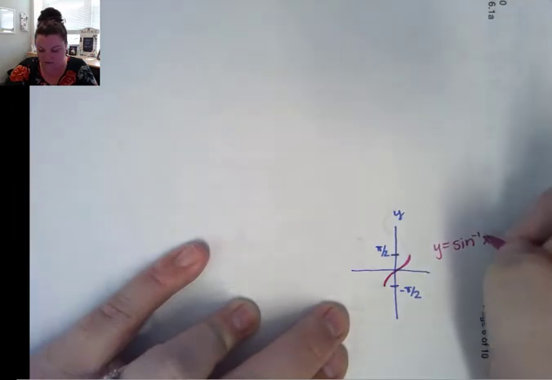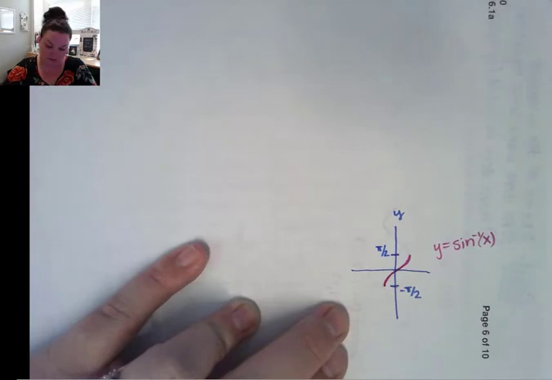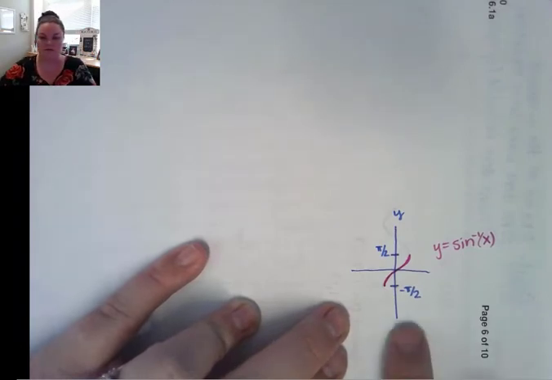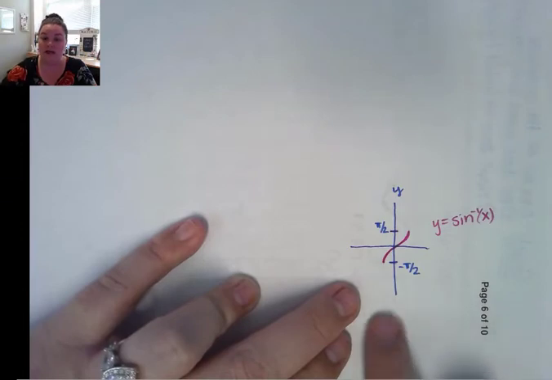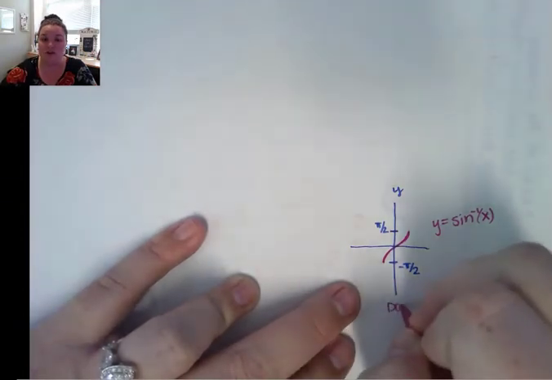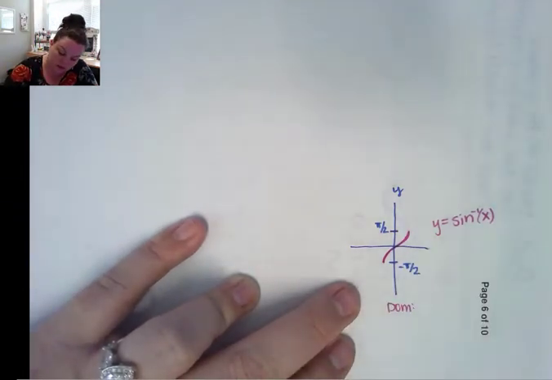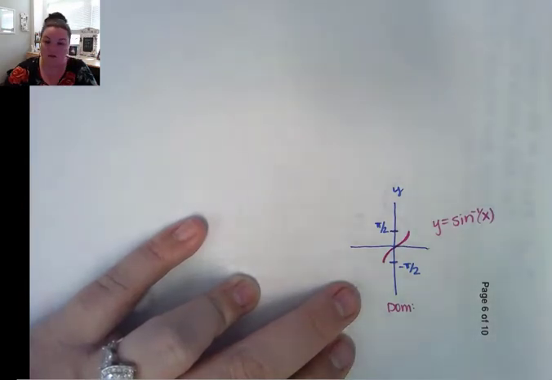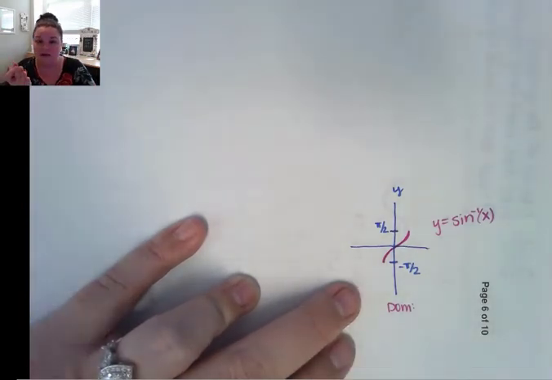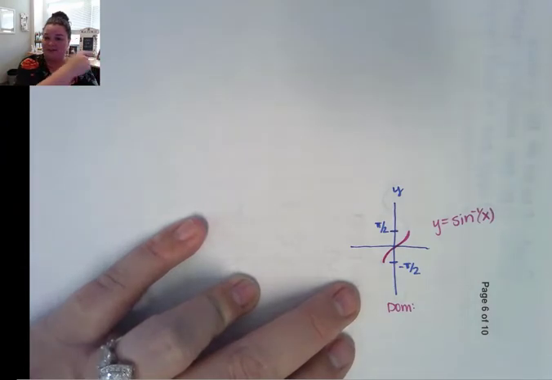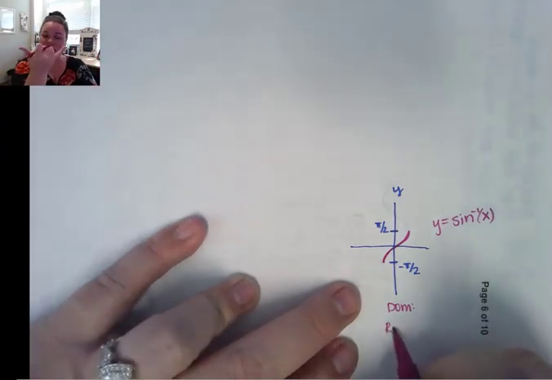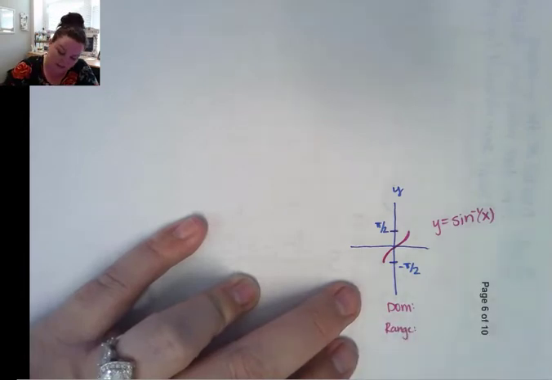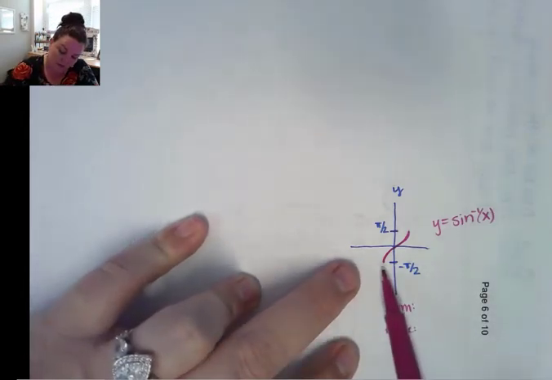Sine inverse of x. I'm going to put parentheses around it because it's just habit for me. Okay. And then I'm also going to now list what the domain and range is of this new inverse function. And it shouldn't be hard to figure out, right? Because the domain is the range of my original, and my range should be the domain of my original, because all I did was swap all my x's and y's, which basically means that I swap my domain and range.